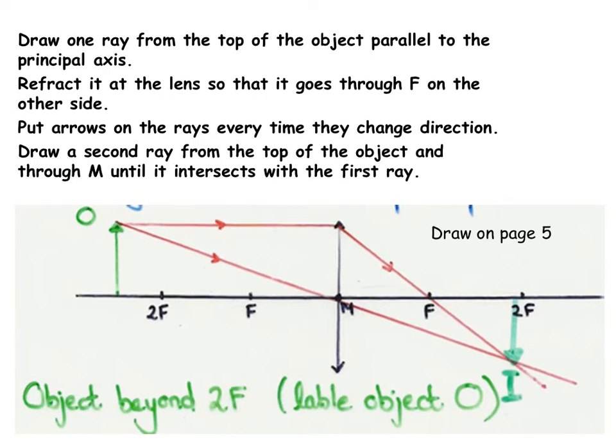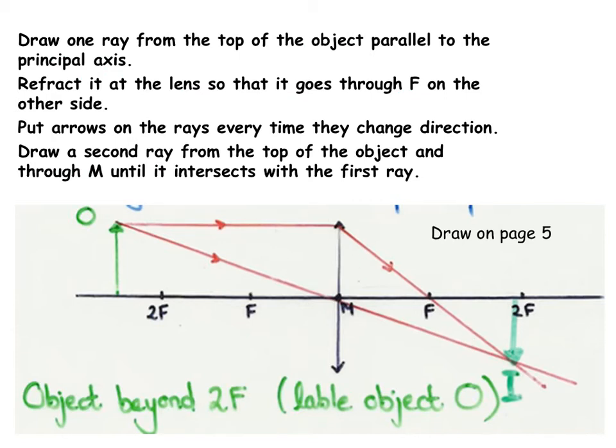Your object started at the principal axis, and your image starts at the principal axis and ends where the two rays intersect over there. You label your image I. Notice your image is upside down. Notice your image is smaller than your object. Real rays, you never had to dot anything backwards.